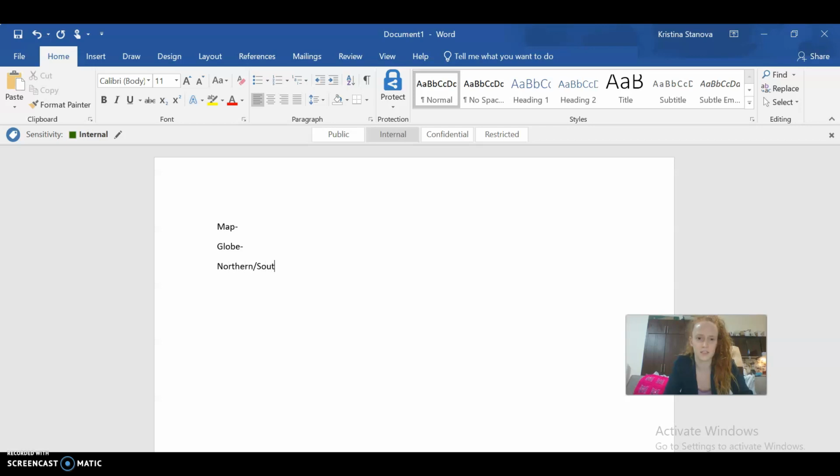Northern, southern hemisphere. You will write a definition. What is northern and southern hemisphere? Then north, south pole, definition or meaning of what is north and south pole.